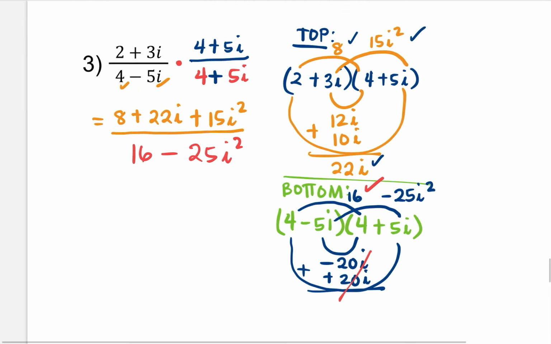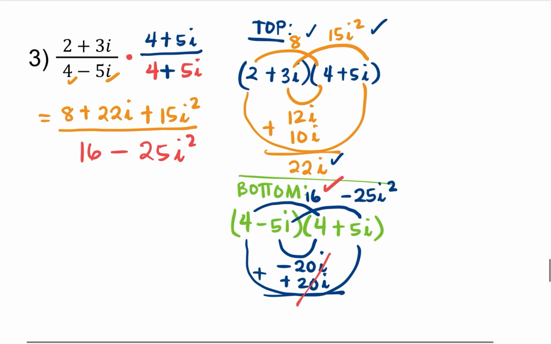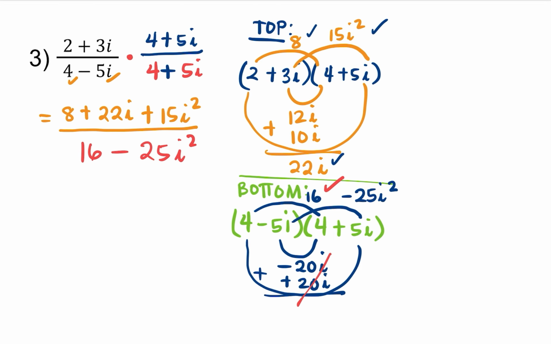All right, so let's take a look at what we have so far. We multiplied the numerators, we have our answer. We multiplied our denominators, and we also have our answer. Now, we are going to get rid of the i squared because i squared has an equivalent value.